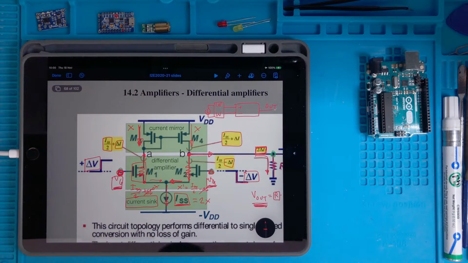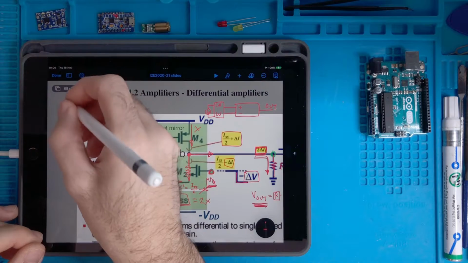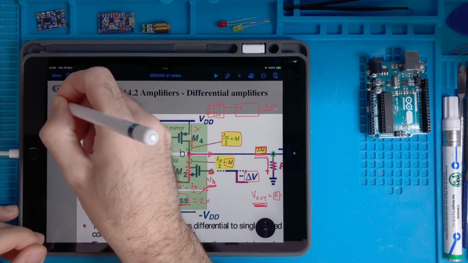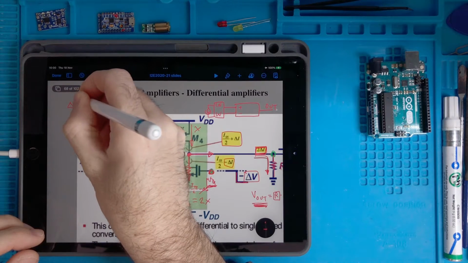So I created a system where the input is 2 delta V, so let's call it delta V prime.